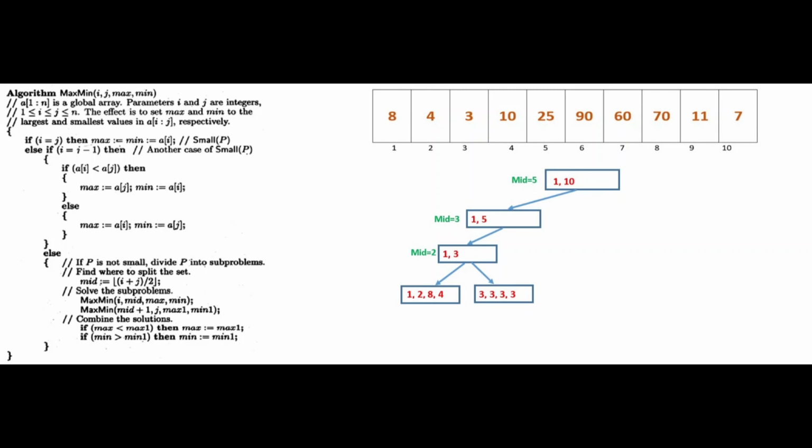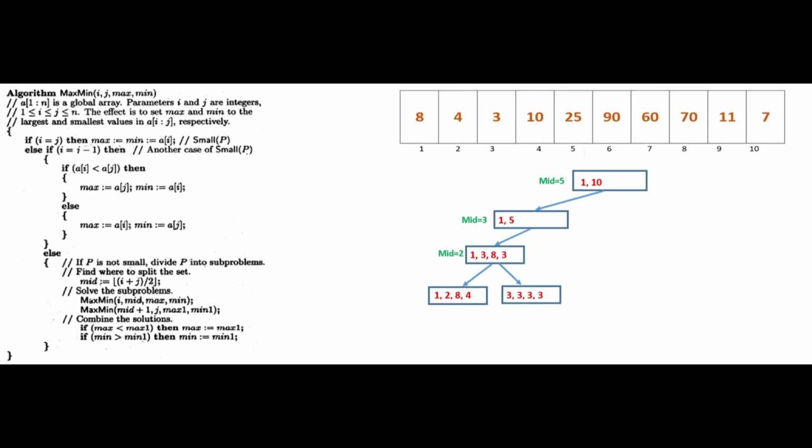So variable min is equal to 3, assigned to variable min. So we get max equal to 8 and min equal to 3. We got 4 values: 1, 3, 8, 3.